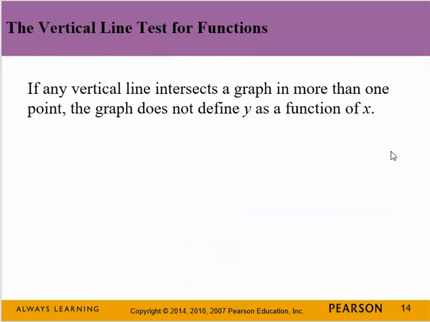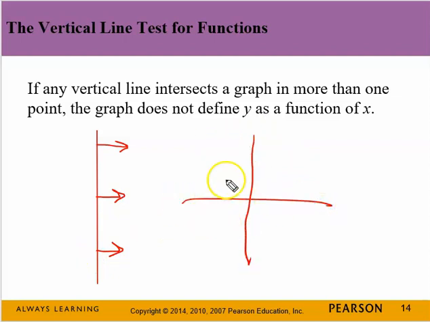Now, here is another item for background and a tool for our mathematical tool chest. Now, we speak of what is called the vertical line test. What is that? Well, we have a vertical line, and then we're going to take this vertical line and pass it over the graph. And as this line goes over the graph, does it intersect the graph in more than one place?